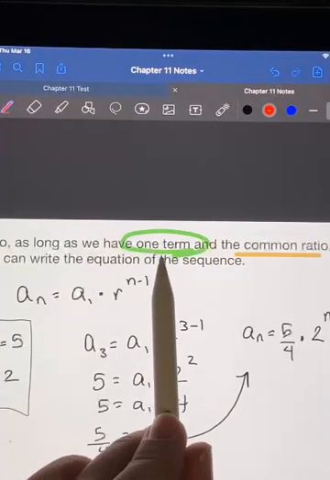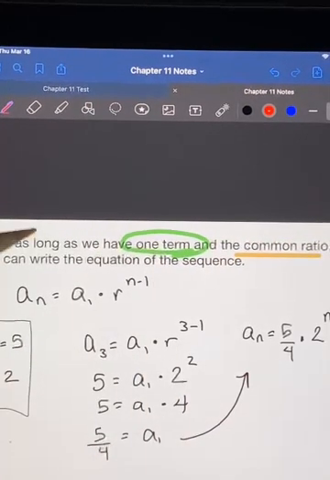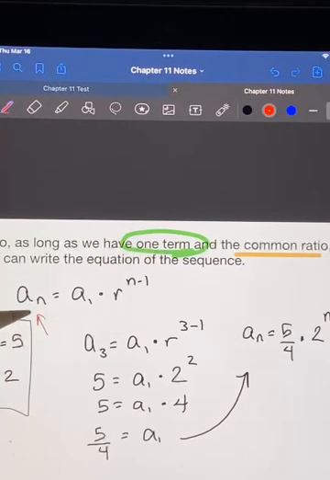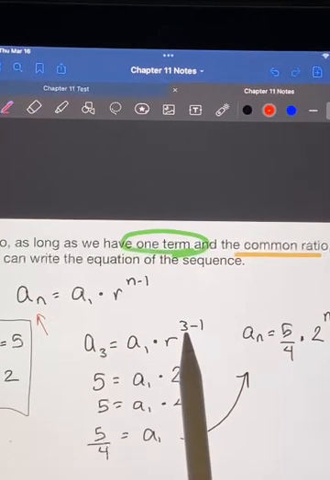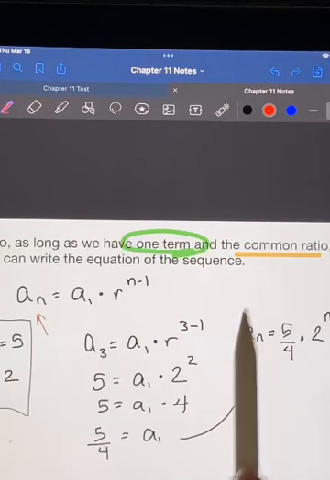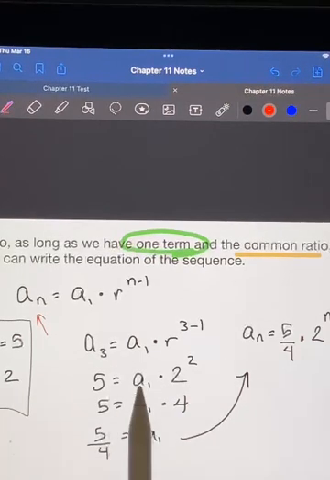If we have just one single term and a common ratio, what they've given us now is a term, which means we have the value on the left side, and we also have an n value. So we can plug in a value on the left side, an n value, and we have our common ratio. So now our a sub 1, our first term, is our unknown. And we simply use the tools in our tool belt to solve for our unknown.